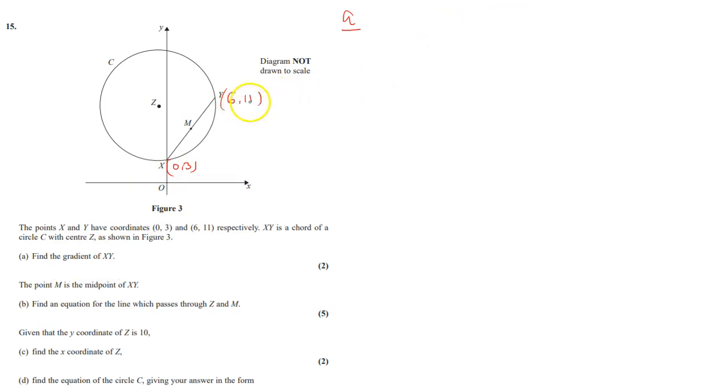So gradient is y2 minus y1 over x2 minus x1. So 8 over 6. So that is, 2 times 3 is 6 and 2 times 4 is 8, so 4 over 3 is the gradient.